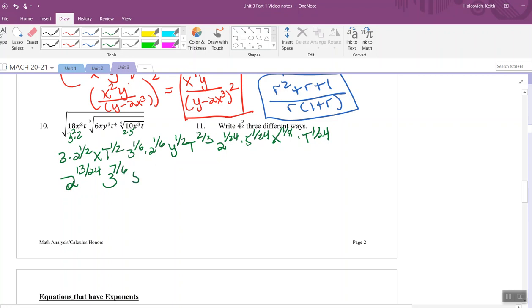And then 5 to the 1/24th. And then we have x to the first, which is 24 24ths. And then 1/8 is 3 24ths, so it's 27 24ths, which is 9/8.